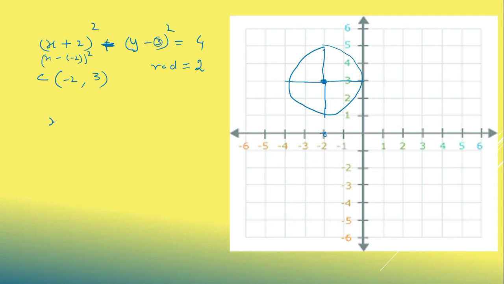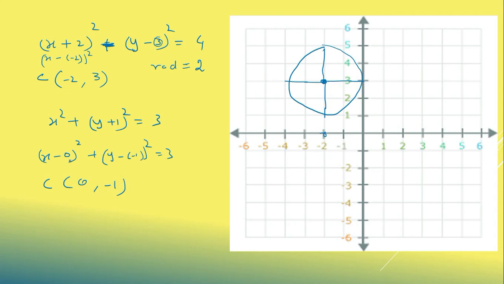If I write x square plus (y + 1) whole square is equal to 3, what kind of circle is this? You see, there is no a. It is (x − 0) square plus (y − (−1)) whole square is 3. So the center is 0 comma minus 1.